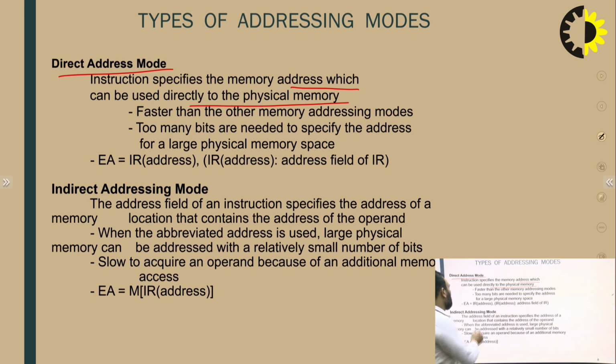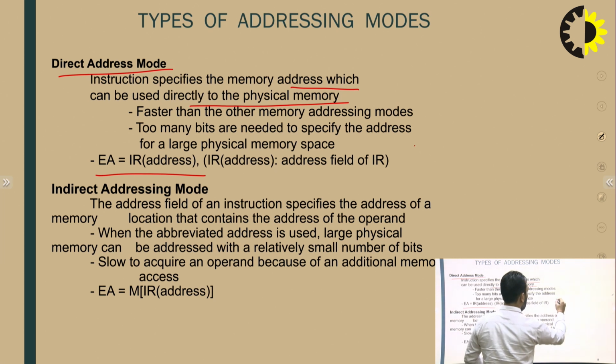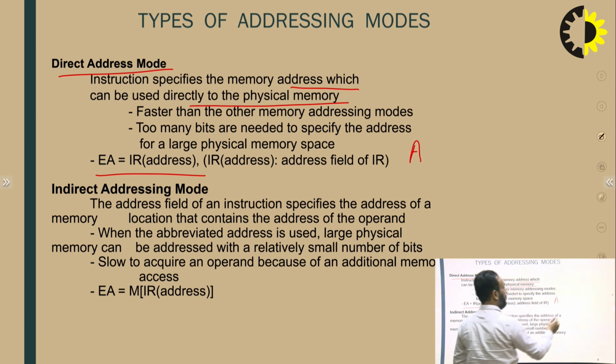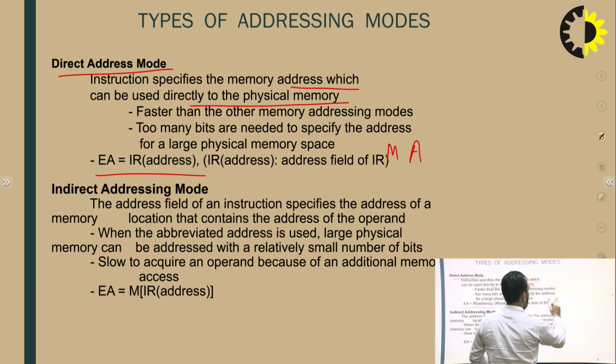In direct addressing mode, the effective address will be the address field of the IR. If we talk about the syntax, it will be represented as move in accumulator 200.